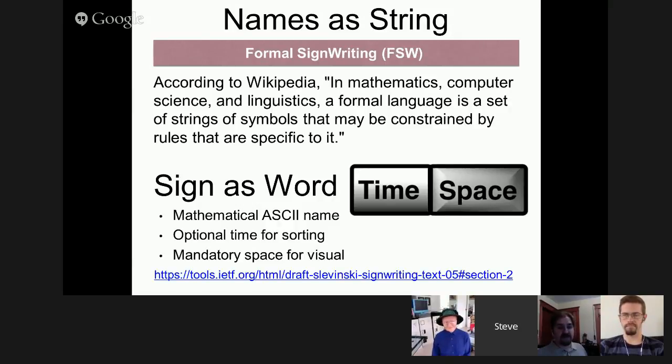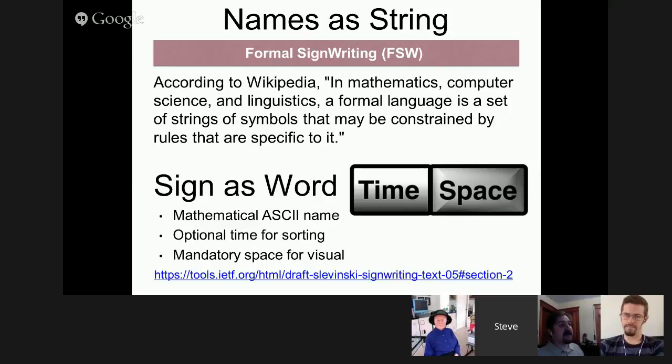We take this symbol and we put it at this coordinate. We take this symbol, we put it at this coordinate. And so that is the space element, where every symbol has a Cartesian two-dimensional coordinate. The only thing is you can't sort two-dimensional space in one dimension. You have to have a reason why one sign comes before the next. And what we have for that is the time element of every sign name.